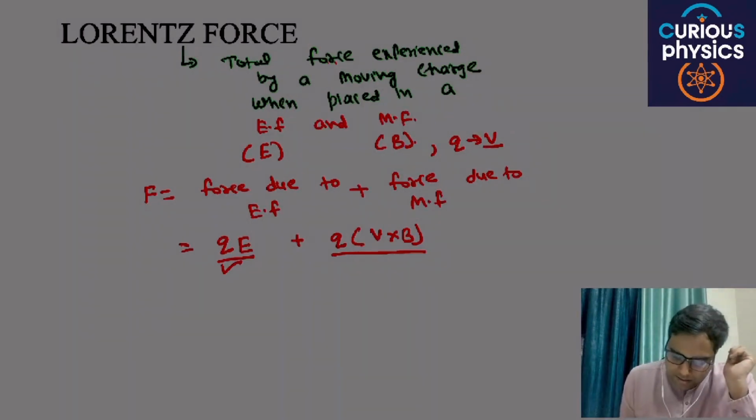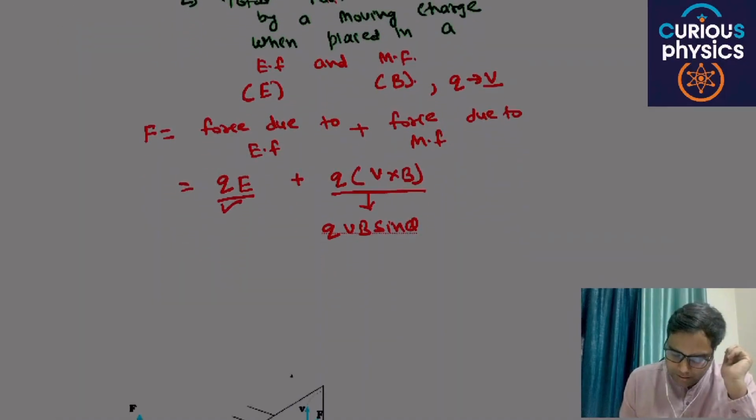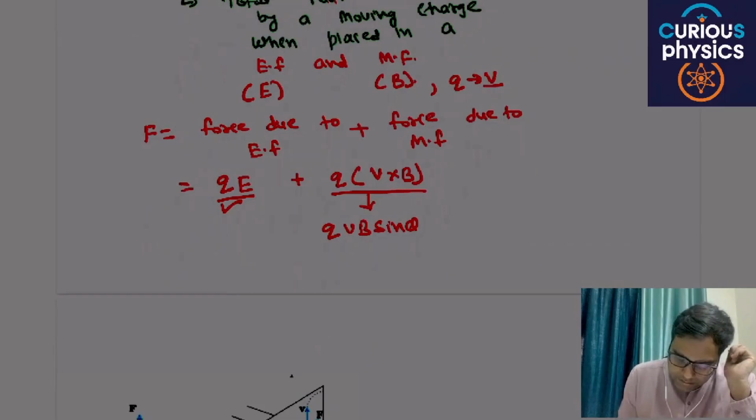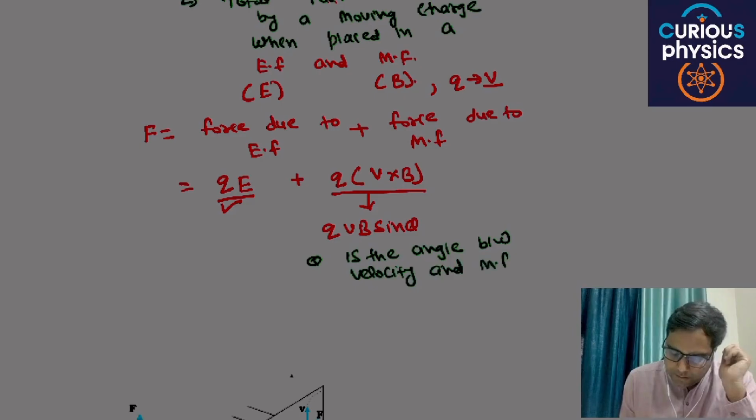In this case you can also write QVB sin theta, where theta is the angle between velocity and magnetic field.